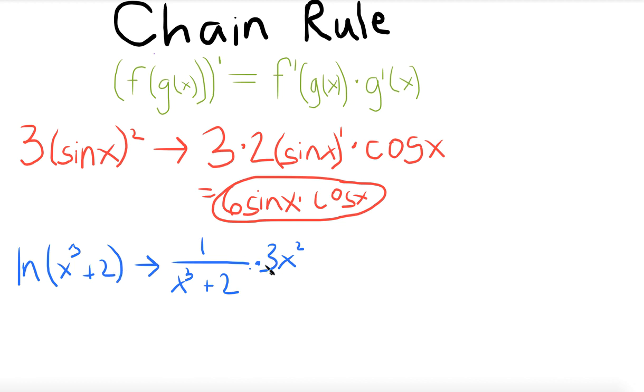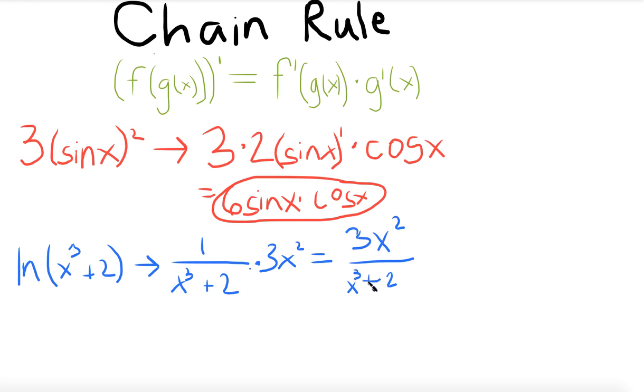It equals 0. So here's our differentiation of ln of x cubed plus 2, we get 3x squared over x cubed plus 2. Oh, that was a crazy addition sign.